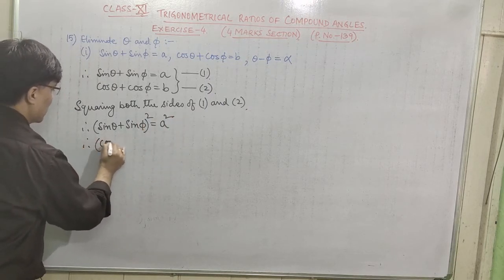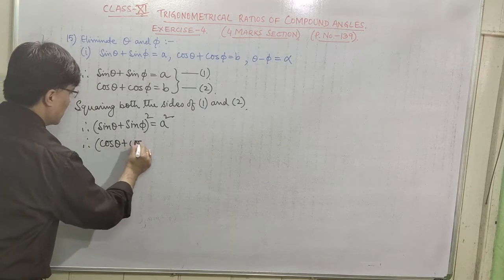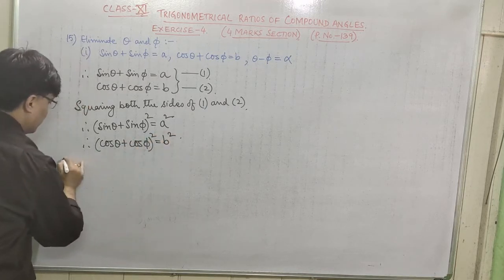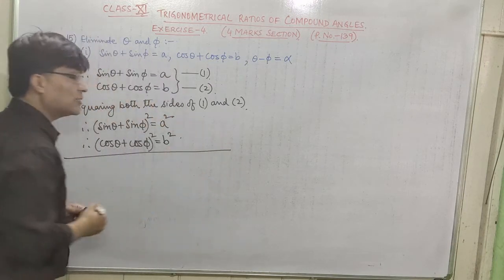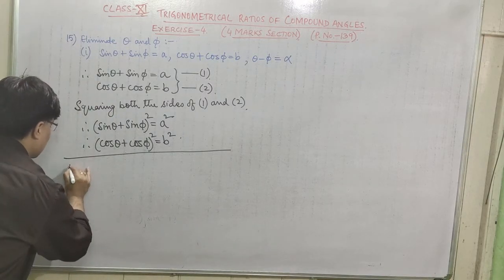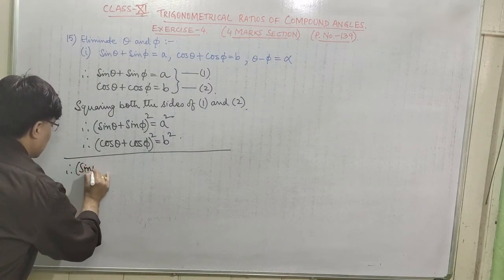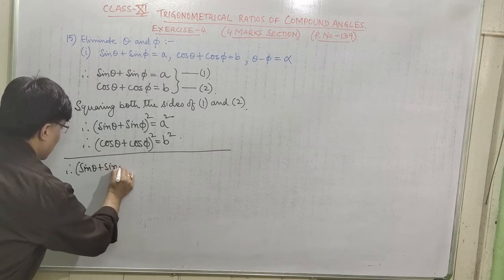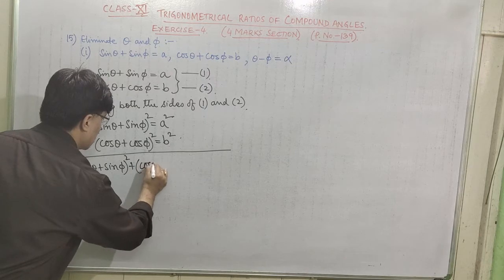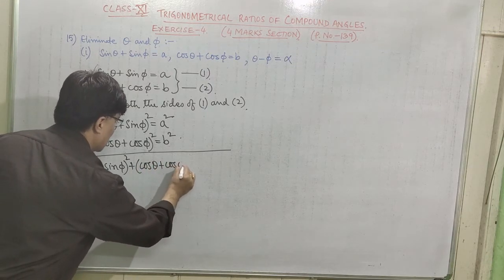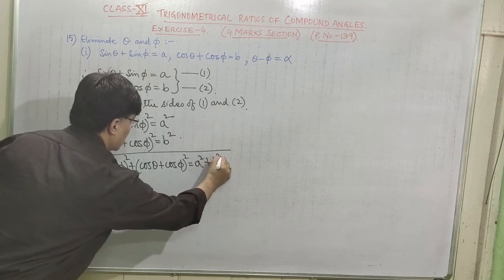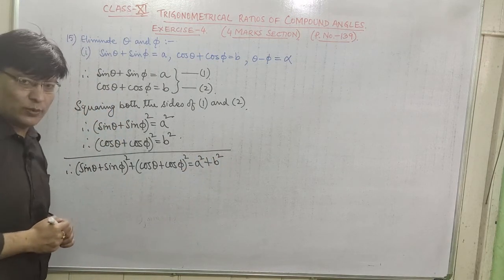And the second one, cos theta plus cos phi whole square is B square. So let us add them. Therefore, sin theta plus sin phi whole square plus cos theta plus cos phi whole square is equal to A square plus B square.